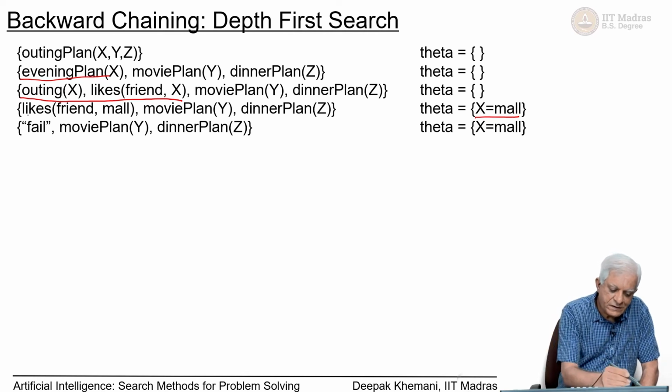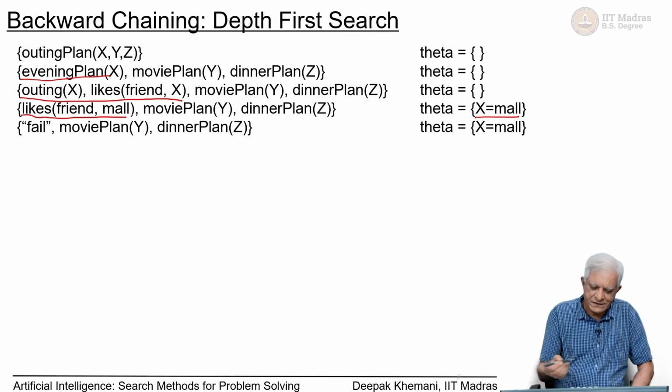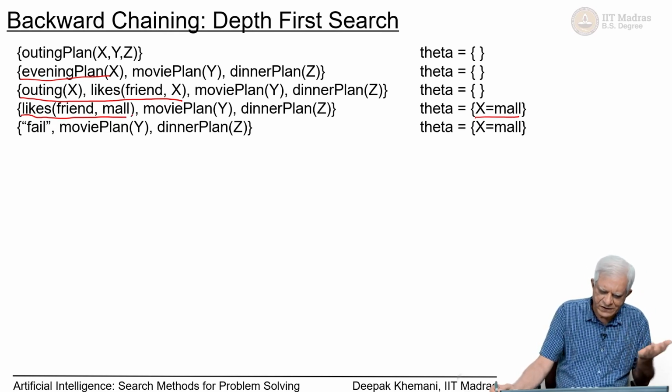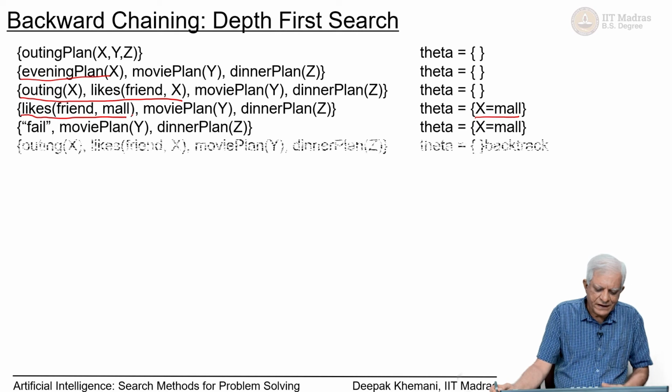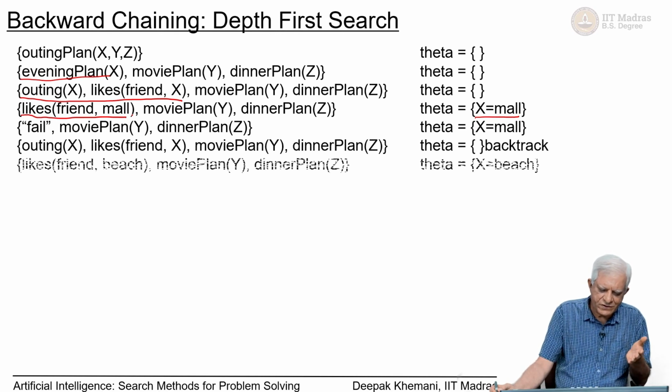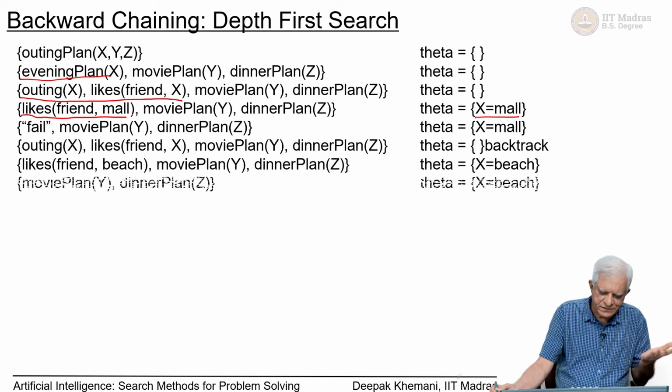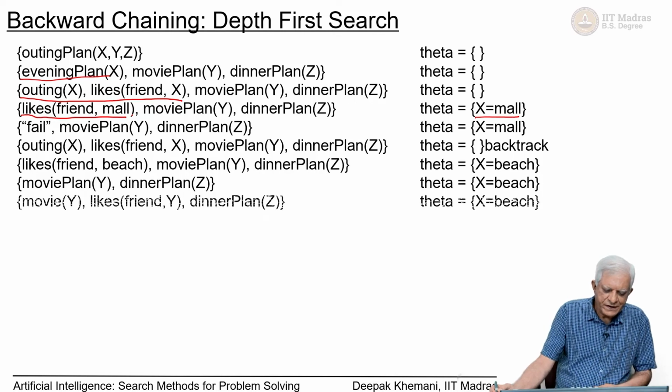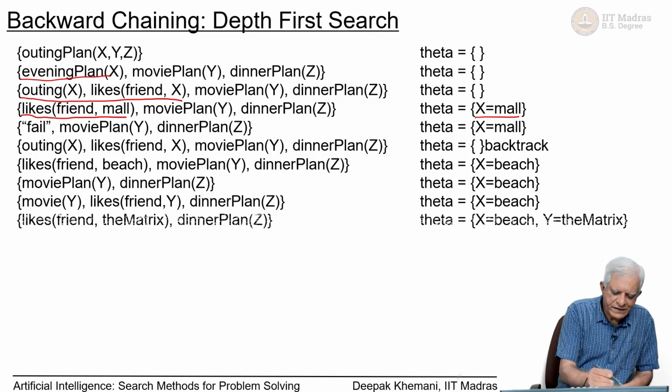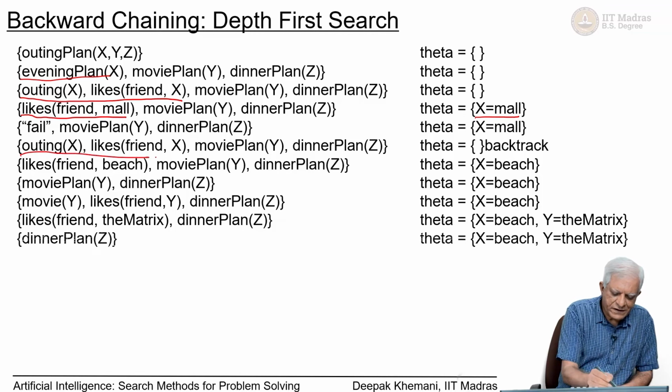If mall is an outing, does it satisfy this goal that your friend likes the mall? It so turns out, as we have seen, the friend does not like mall. So, that ends up in fail, and the algorithm backtracks and says okay, let us look for another way of solving this.